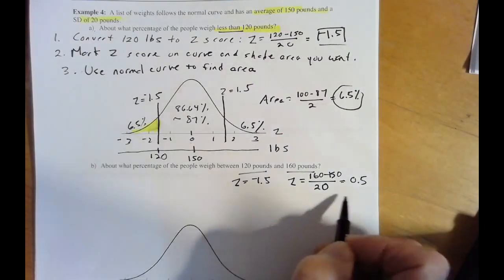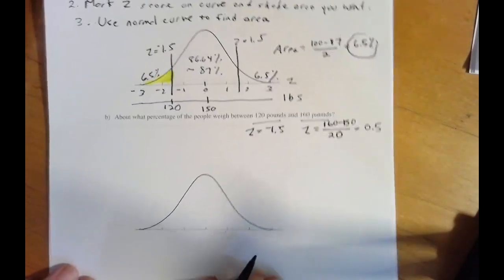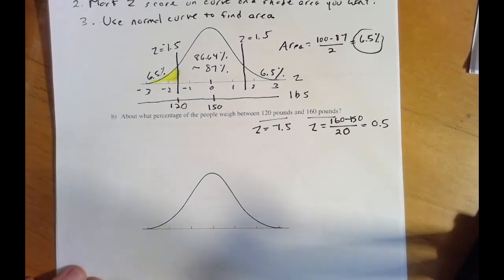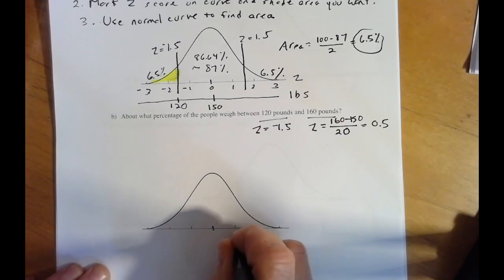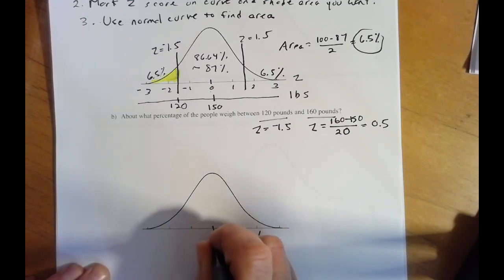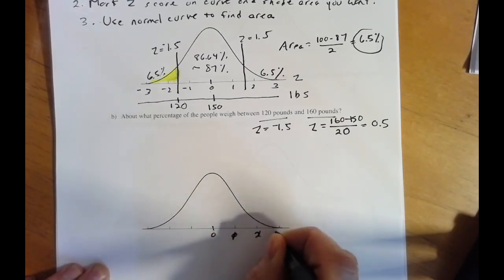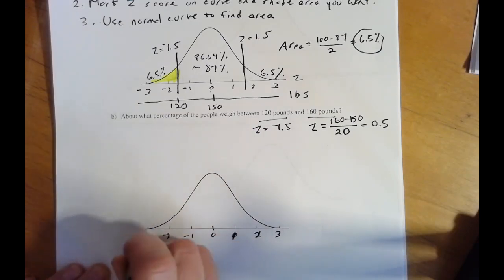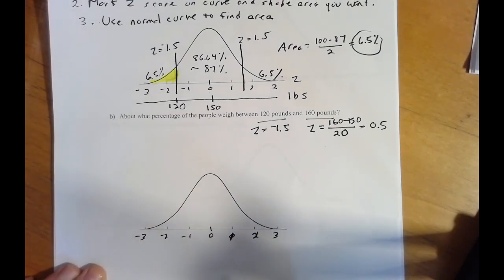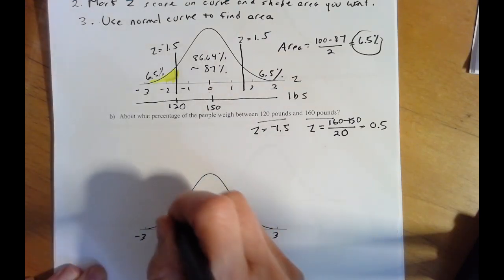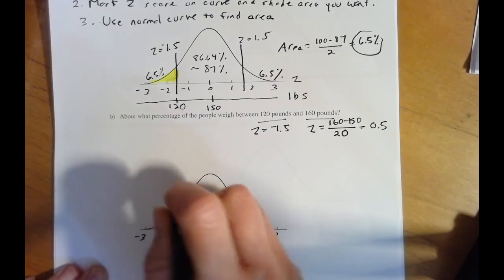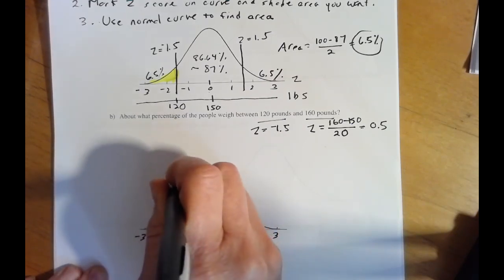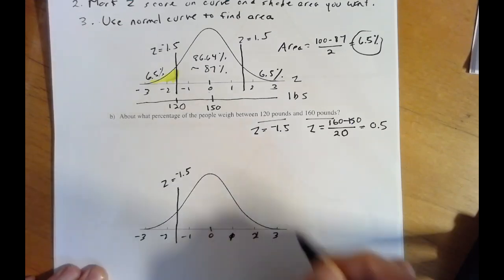So now we've got these two z-scores, and let's draw them here. All right, so here's 0, 1, whoops, 1, 2, and 3, negative 1, negative 2, and negative 3. And what do we have here? So this is right here, z equal to negative 1.5.